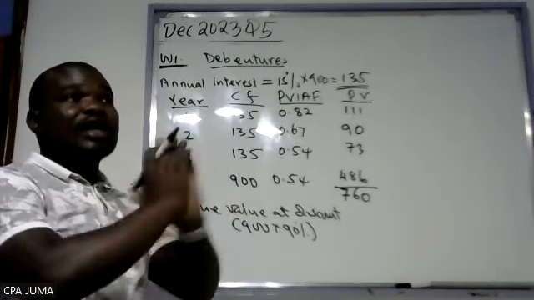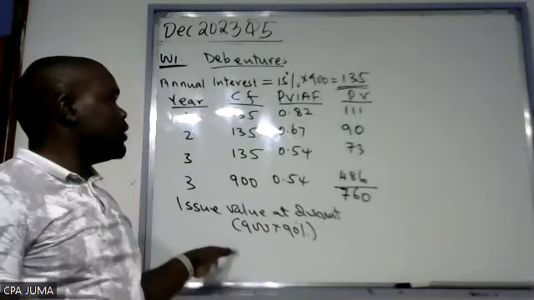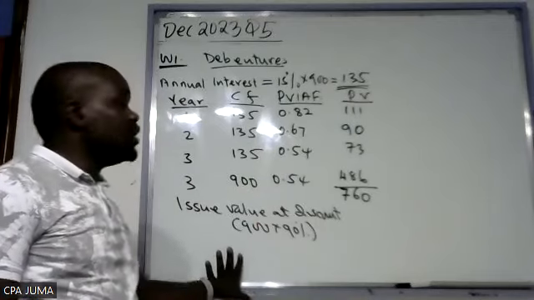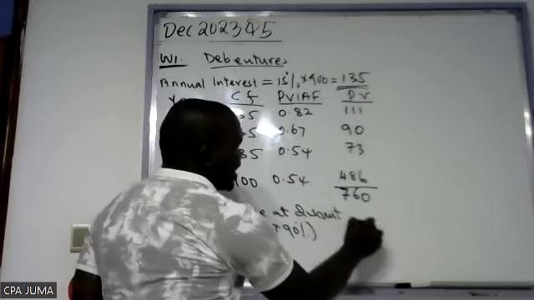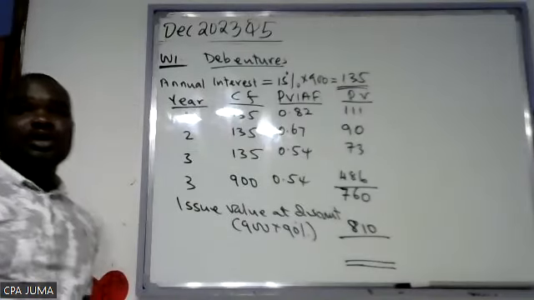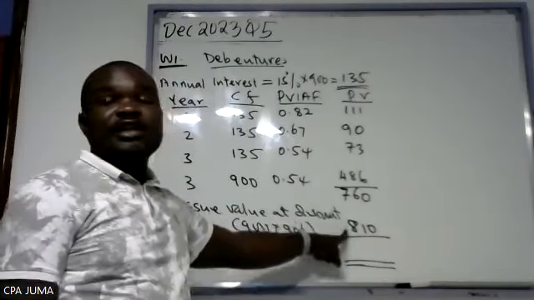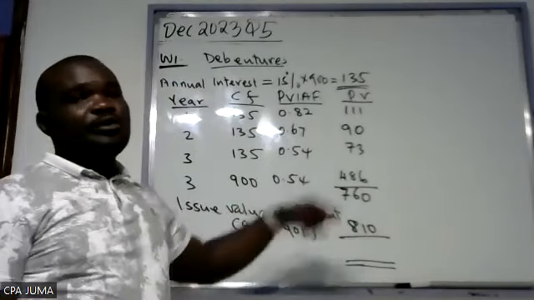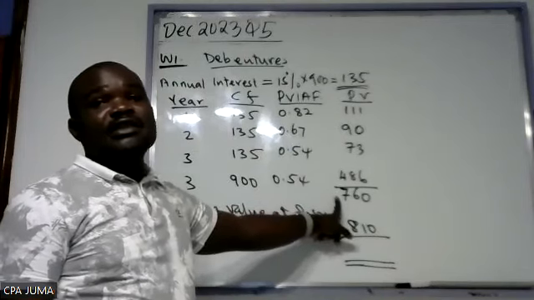You manually a discount, that is where you lose, you gain. So when you want to check the gain or loss, is when you bring now the discount element. So 90% of the 900, that one will give you 810. So they issued the debentures at 810. Taking the value for money into consideration, we are talking of 760.